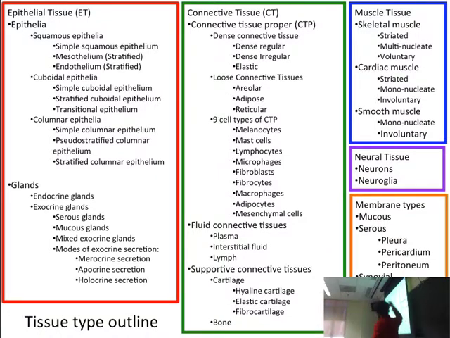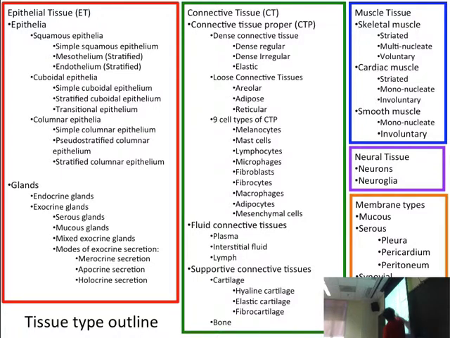These break down into dense and loose connective tissues with three subcategories that we're going to highlight today. And across this, there are 9 cell types that can form any of these dense or loose connective tissues. And these are melanocytes, mast cells, lymphocytes, macrophages, fibroblasts, fibrocytes, adipocytes, and mesenchymal cells. We'll talk about some, not all of those.